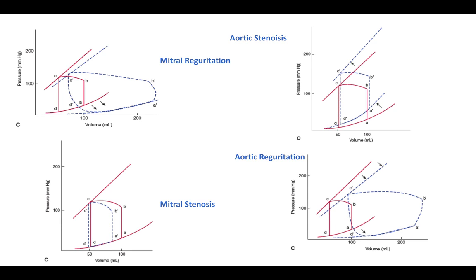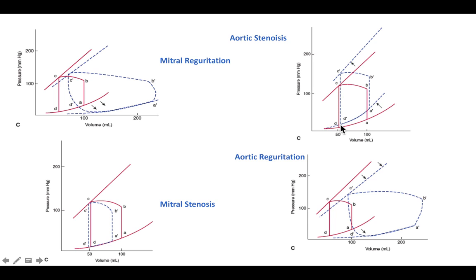So what you're doing is you're generating much higher pressures because you have to generate higher pressures in order to exceed that pressure in the aorta. So what's going on here is a little bit of homeometric autoregulation. Remember, if you've got high afterload, your stroke volume is reduced.